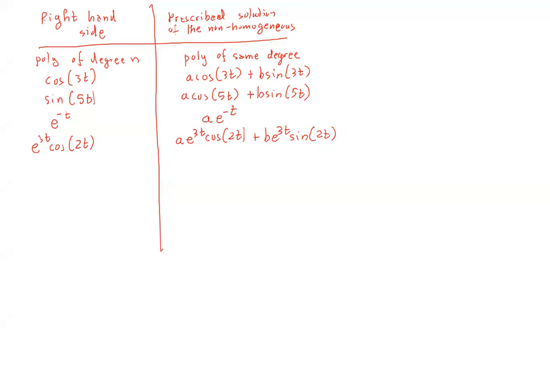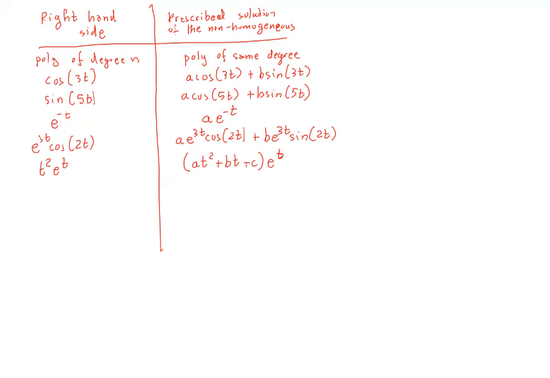Then let's say that you have a polynomial, and you're not going to see some crazy polynomial. So let's say that you have t squared e to the t. You just have to prescribe a generic polynomial like this, so same degree, times e to the t. Okay, or the same thing with cosine.